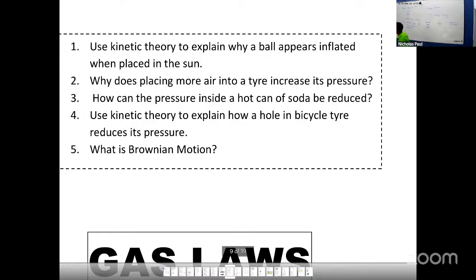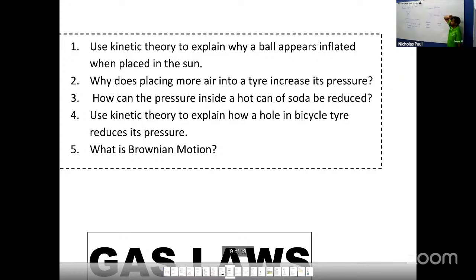By placing more air, you increase the number of particles in the same volume, which will increase the number of collisions. So same volume, more particles, you increase pressure. Make sure in your answer you have more particles, more collisions, more pressure. That's okay?